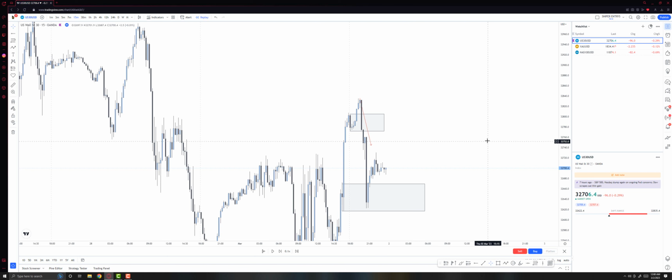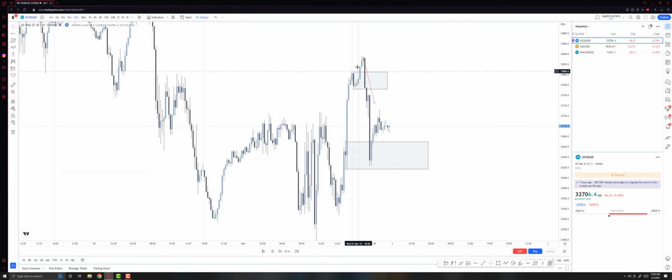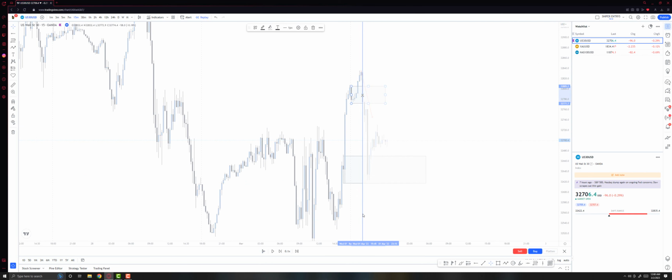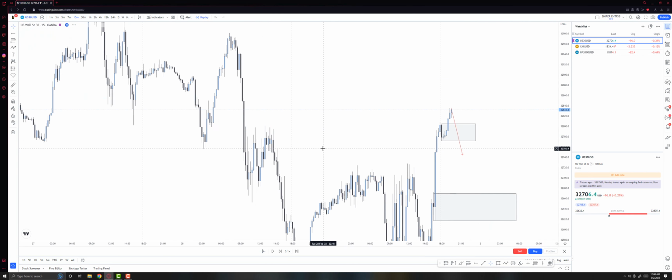So if I wake up in the morning and I see something like this, I'm going to be looking for buys, right? Because the market's in an uptrend internally. And if I don't want to go in against the overall trend, then I wait for the market to get into a downtrend, and then I look for the sale. So that's simple, guys.